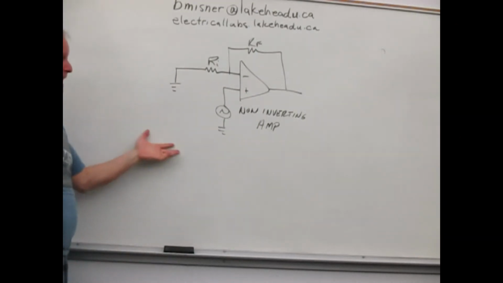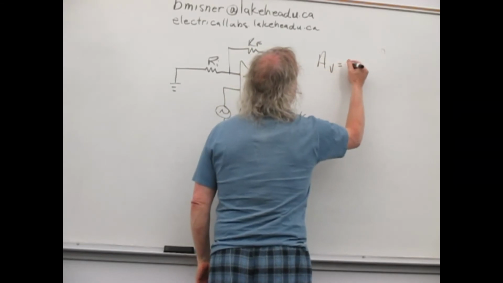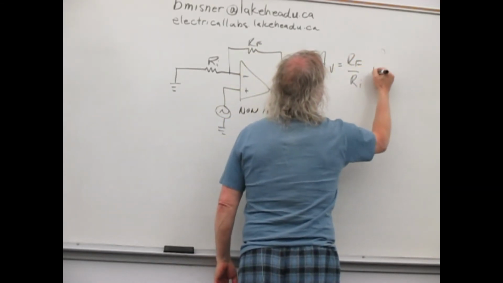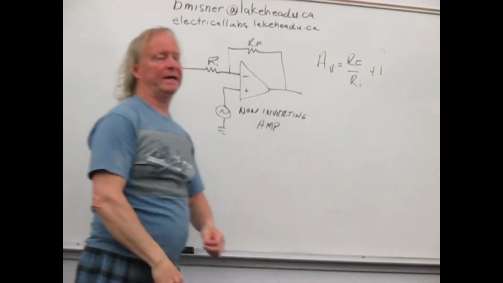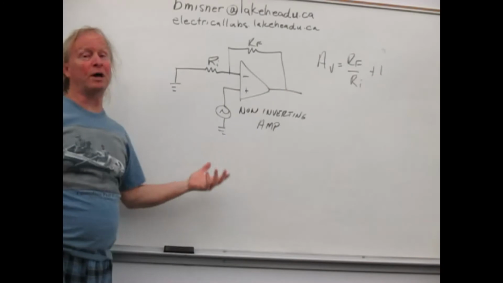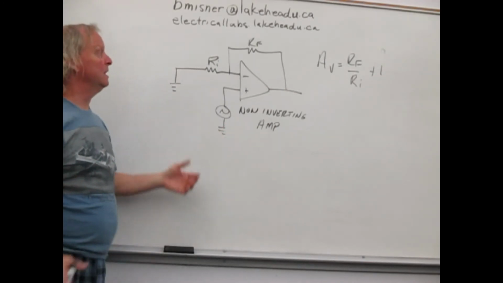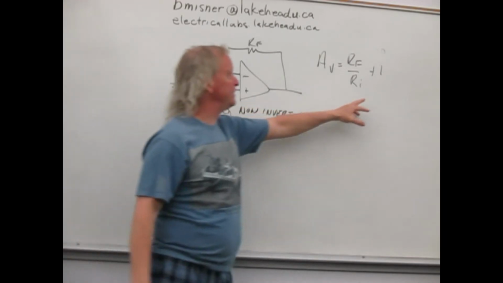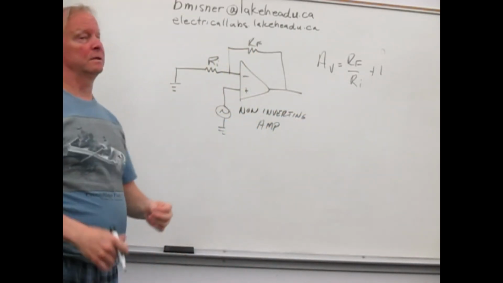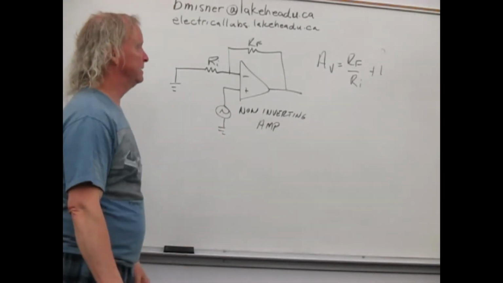And now the gain of this... with the non-inverting amplifier, it is possible to actually make the signal smaller, or attenuate the signal. But in this case, you have this +1, so it's always going to be an amplifier. It's always going to make the signal bigger.